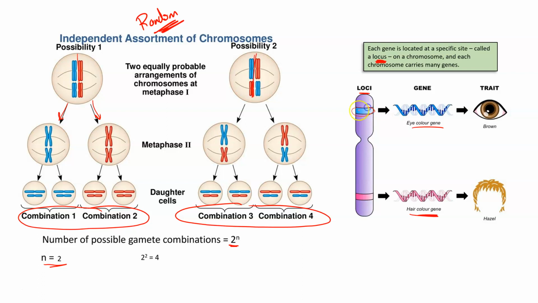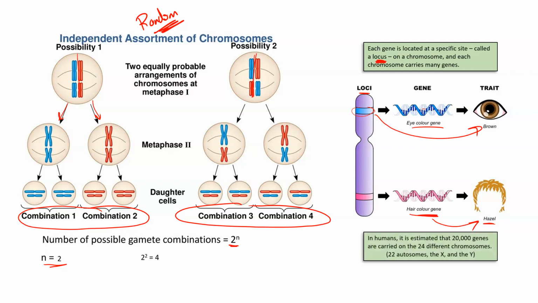That is the information that codes for the trait, which is the physical expression of the code that is the gene, in this case brown eyes. This would be the second gene locus. Together they would be gene loci. It has the genetic recipe for hair color and will be expressed as the trait, in this case hazel hair, that dirty blonde hair color.